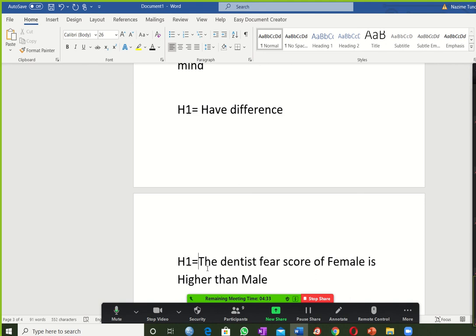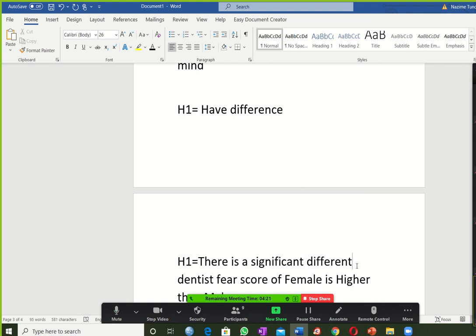Or we can say there is a significant difference. By the way, this word is important in statistics. This is a keyword, and I will explain in other courses why it is a keyword. You will see this in many studies.